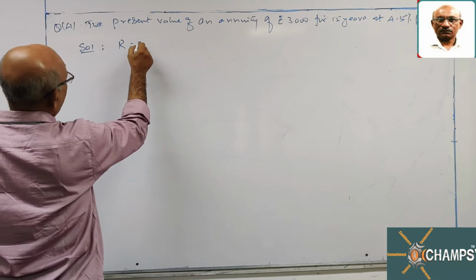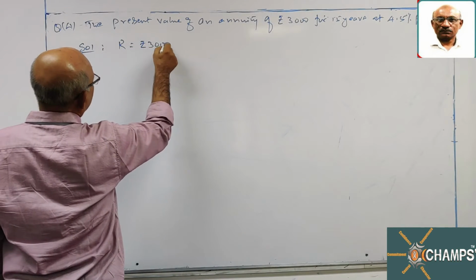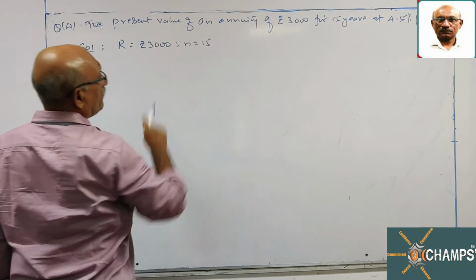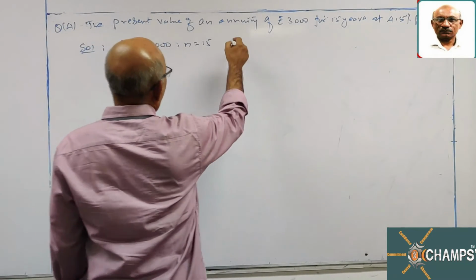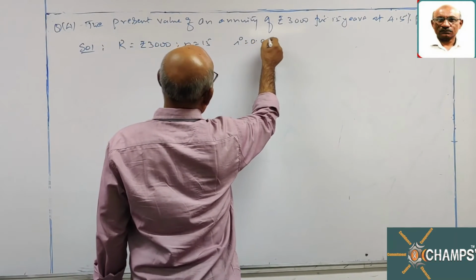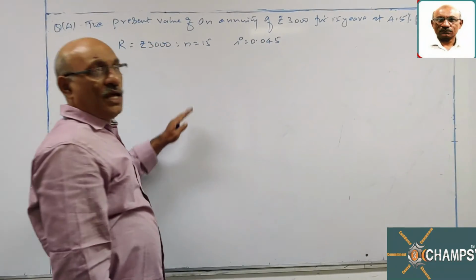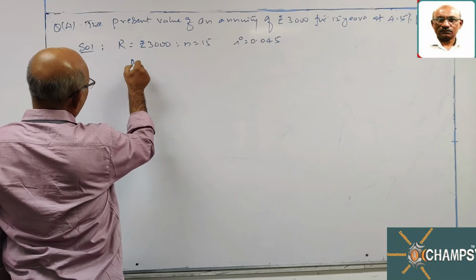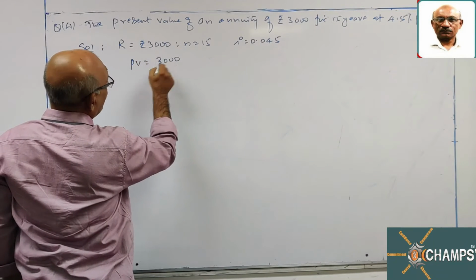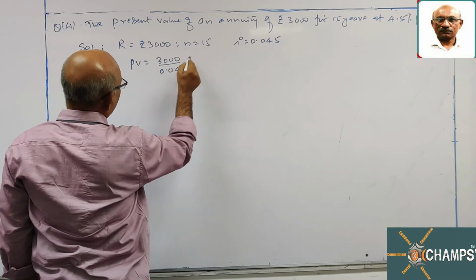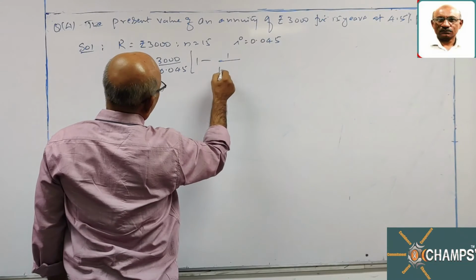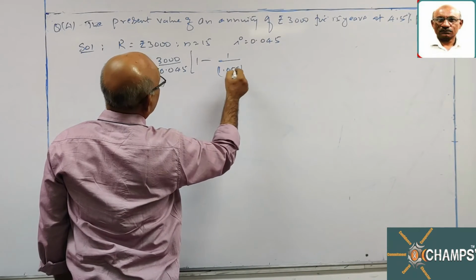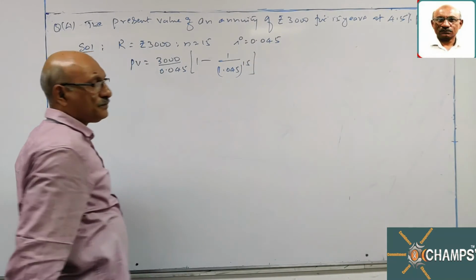R is equal to rupees 3,000. N is equal to 15. I is equal to 0.045. So present value is equal to 3,000 divided by 0.045 into 1 minus 1 by 1.045 whole power 15.